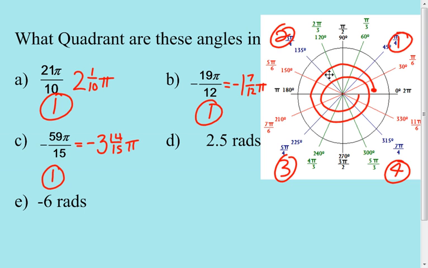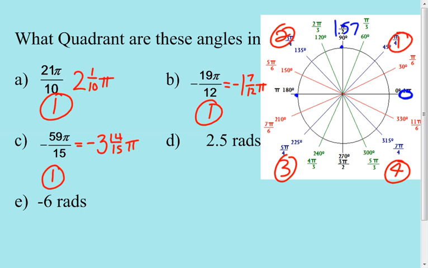All right, then 2.5 radians. Notice this does not have the pi symbol in it, and when it does not have the pi symbol in it, you need to think of the unit circle then in decimals instead. So this is 0. Up here is pi over 2, so that's 3.14 divided by 2, which gives you 1.57 as a decimal.